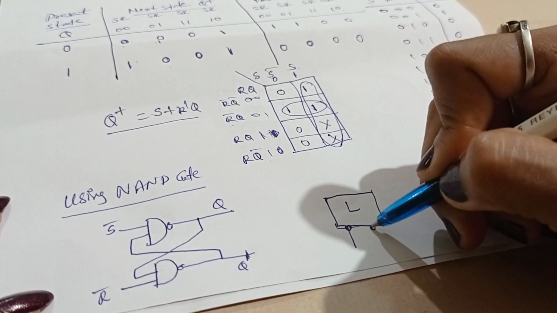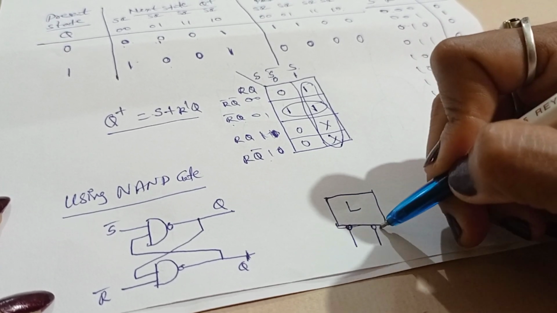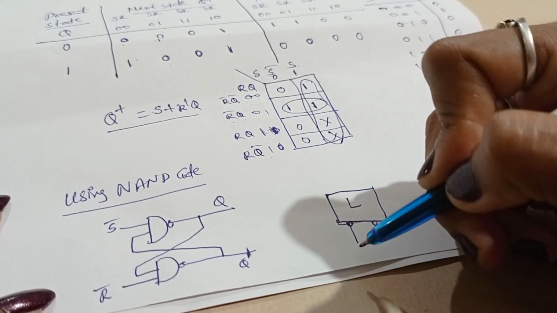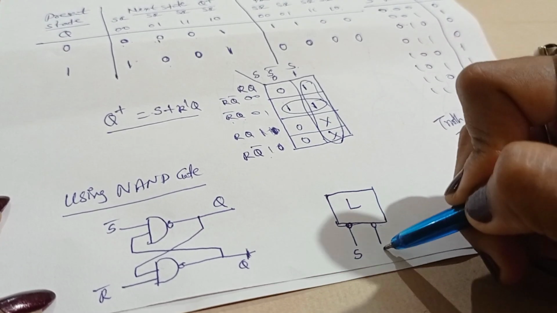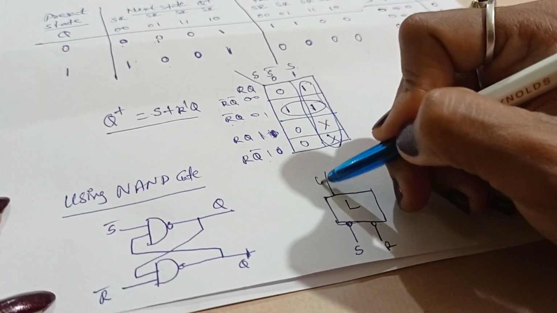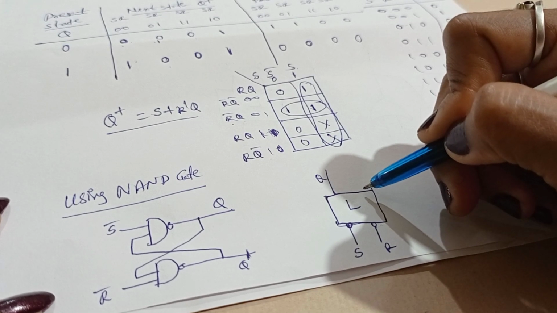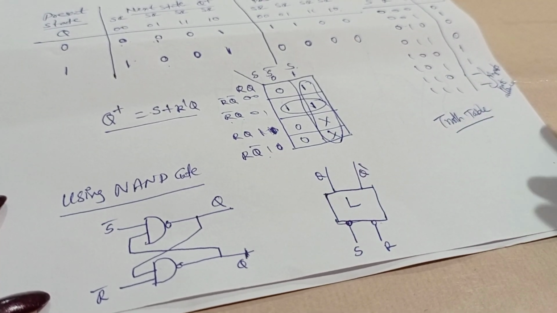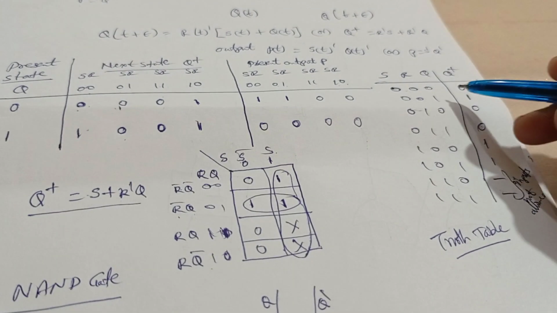Because we are applying inverted inputs, we use a bubble here. S, R and outputs Q, Q bar. The truth table is the same as NOR. We'll get the same truth table.